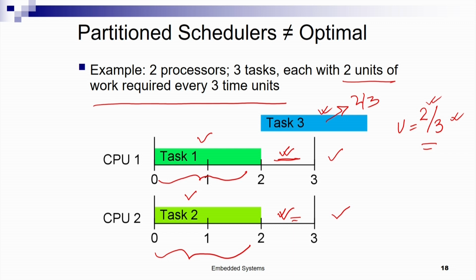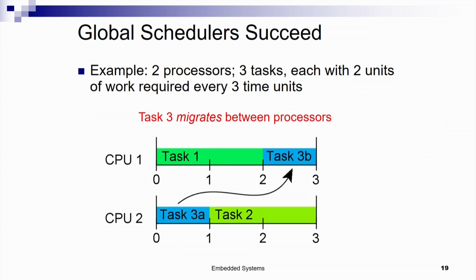So, what can you do? You can just break this task into 2 subtasks, into 2 separate chunks of size 1 by 3 each. The first chunk is 3A, which will be scheduled between 0 and 1 here, and the second chunk is 3B, which will be scheduled here.